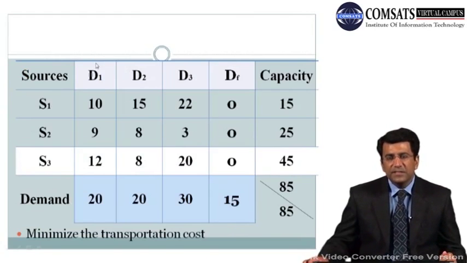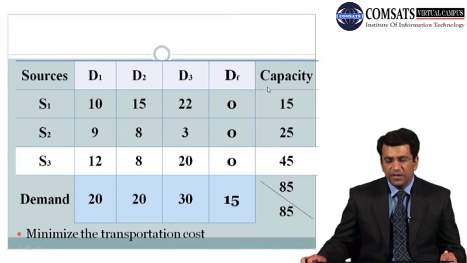Now class, DF is that dummy destination which we have introduced in this case. Now you can see that we have 4 destinations. D1, D2, D3 are our original destinations, and DF is the fictitious or dummy destination which we have introduced because supply exceeds demand in this case.